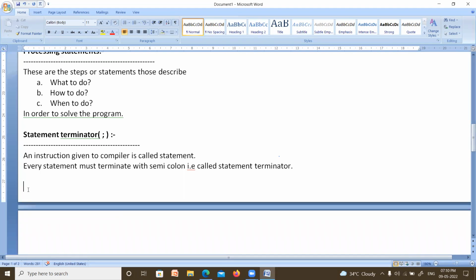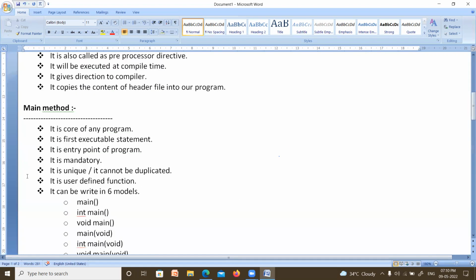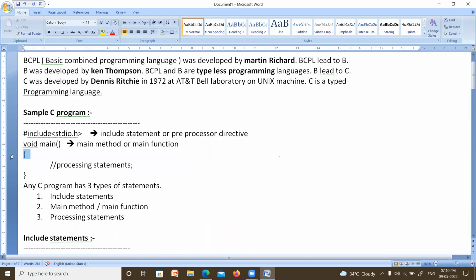Those are called borders. They indicate the site between the four stones is related to you. In the same manner, the open curly bracket indicates the main method begins from here, and the closing one indicates the main method ends here.